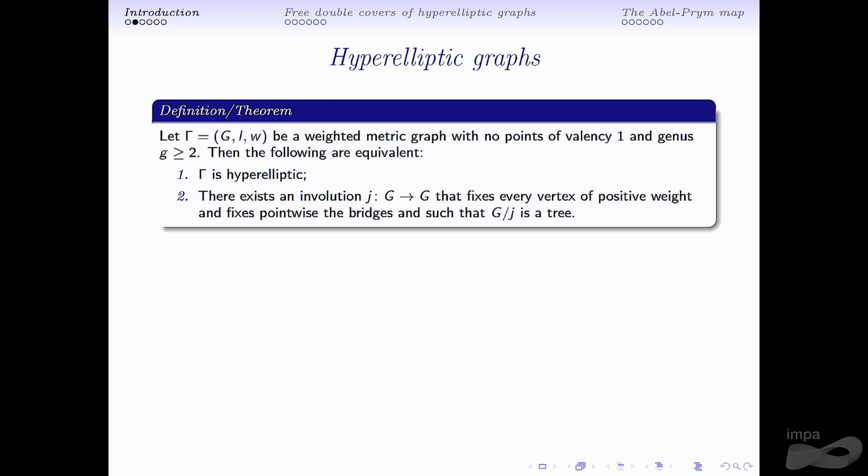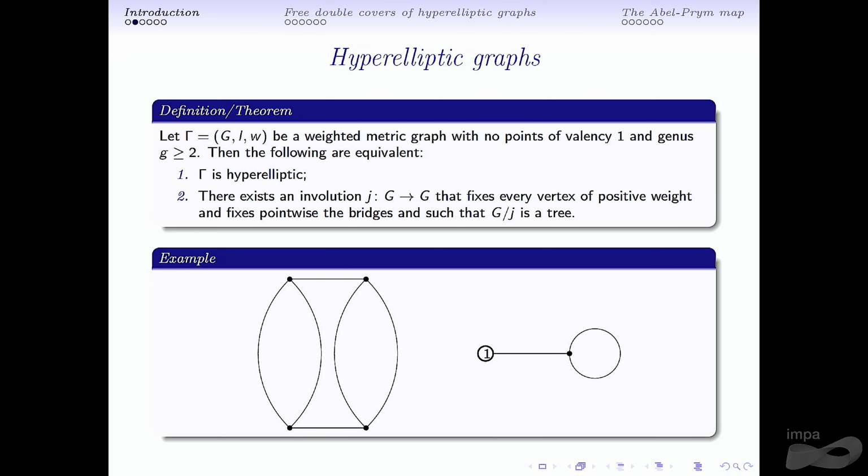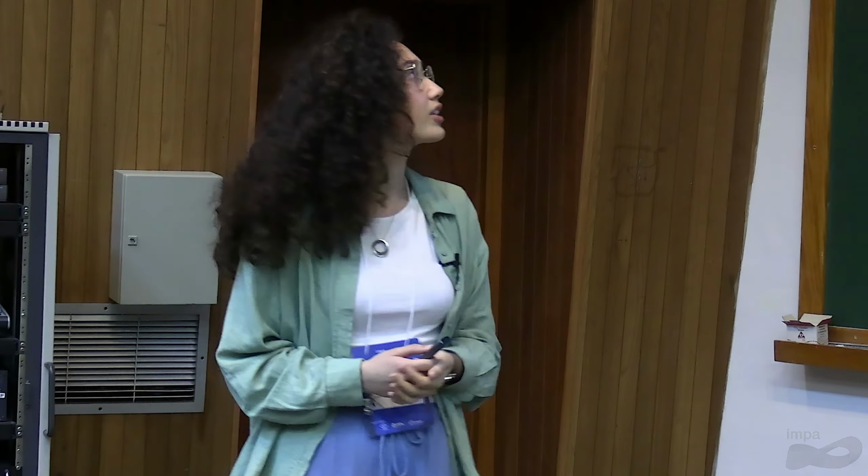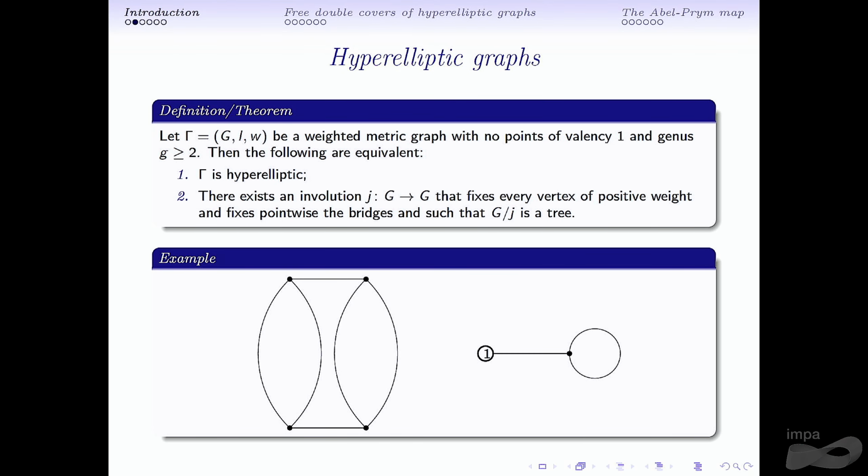I will give you also some examples. For instance, these two graphs are hyperelliptic metric graphs. The one on the left doesn't have vertices of positive weight. Today, I will denote by a positive number the weight on a vertex whenever I have a positive-weight vertex. If I don't have any positive number, you can think of it as a weight function identically 0.